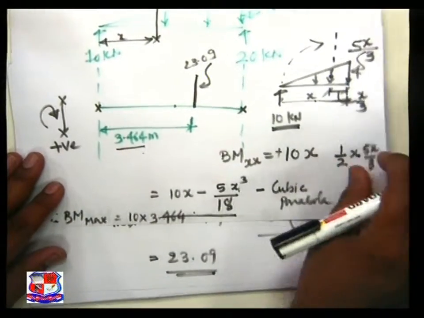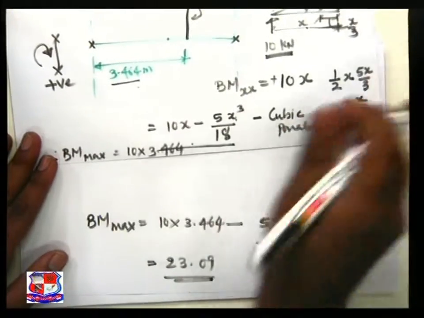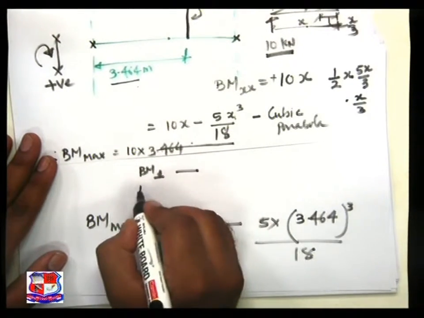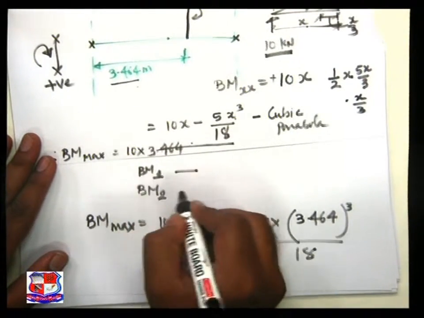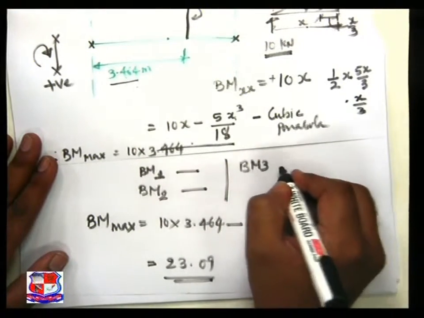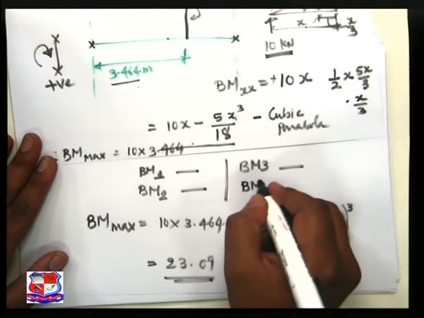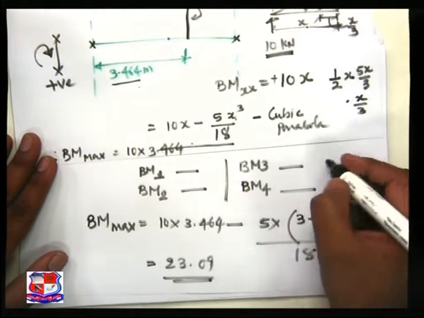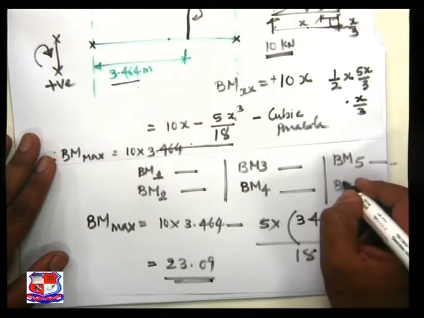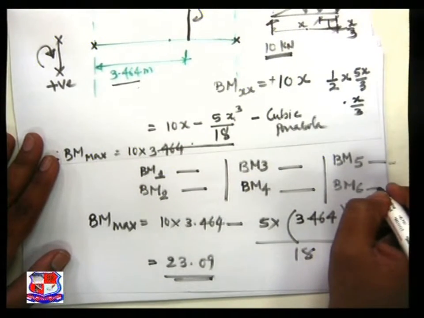Also you have to find out the value of bending moment at 1 meter. Find out by yourself. Find out the bending moment at 2 meter. Similarly, find out the bending moment at 3 meter, at 4 meter, at 5 meter and at 6 meter.